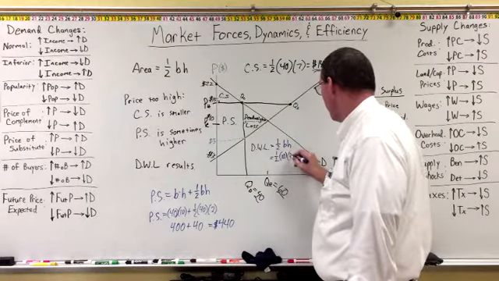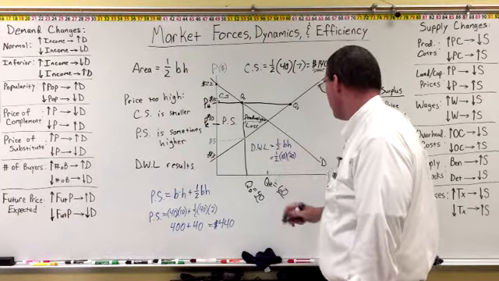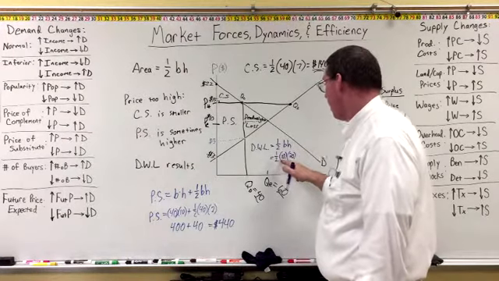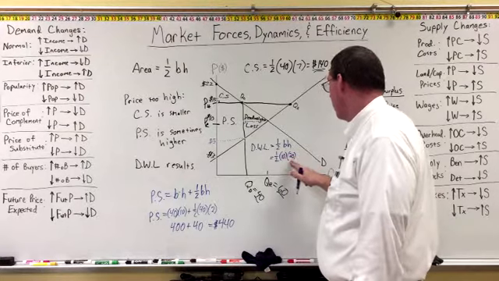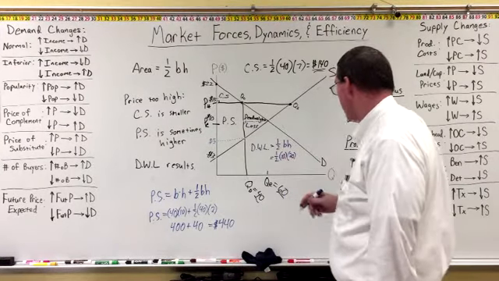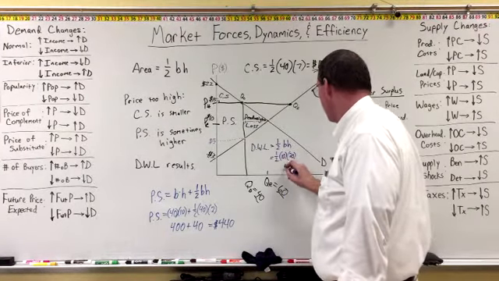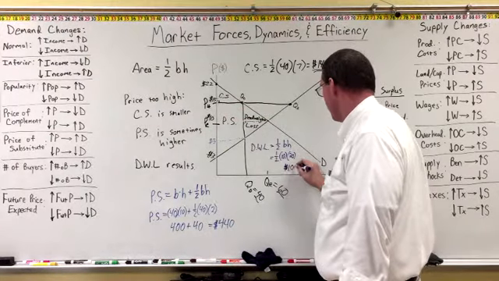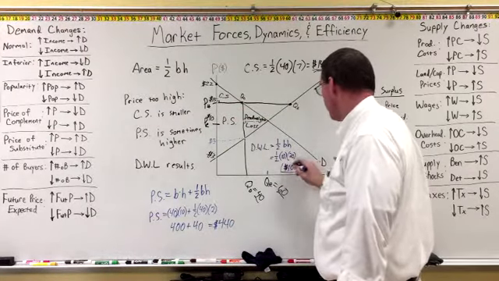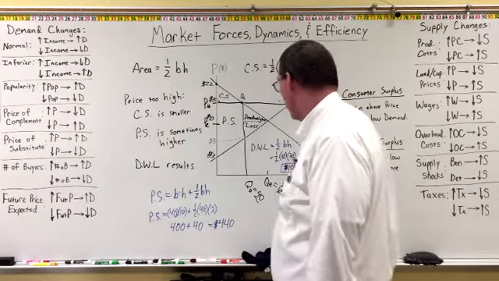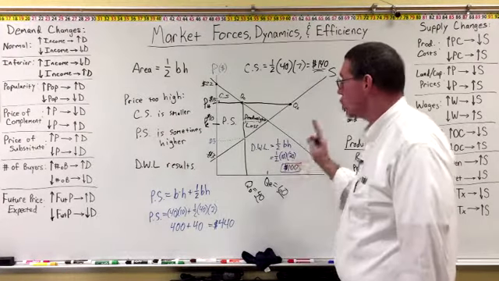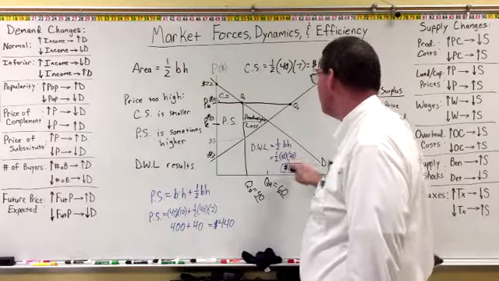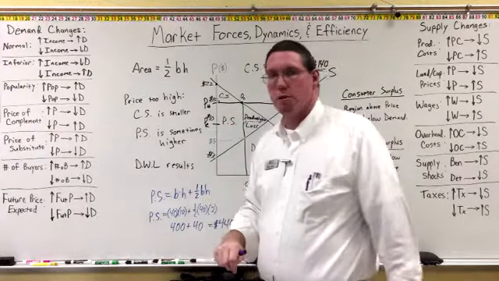So it's going to be 1/2 times 10 times 20. 1/2 of 10 is 5, and 5 times 20 is 100. And so the dead weight loss in this market, because the government stuck its nose in, is $100. That's $100 in surplus that could be split between producers and consumers.